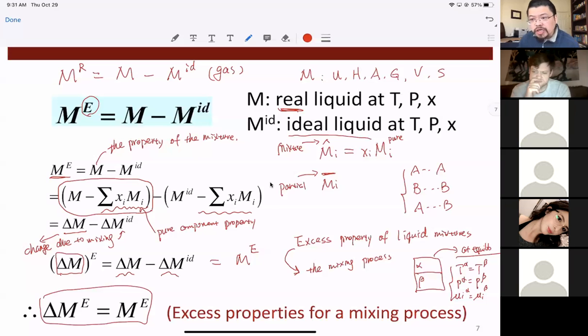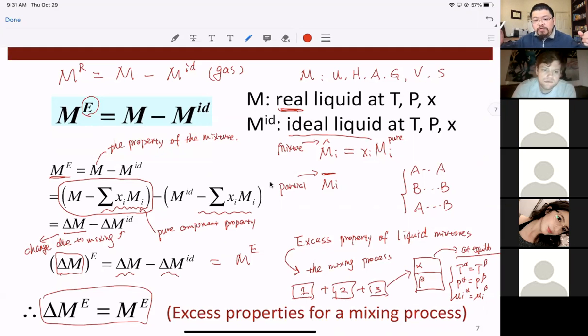But the question is, well, we don't have a mixture automatically available for us. We have to put something together in order to form the mixture, right? So if I have component 1, component 2, component 3, and so on, they are going to form this mixture phase.